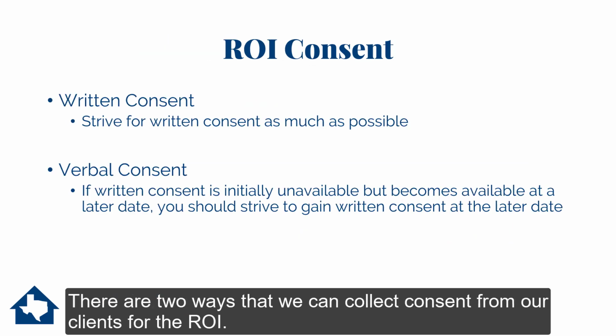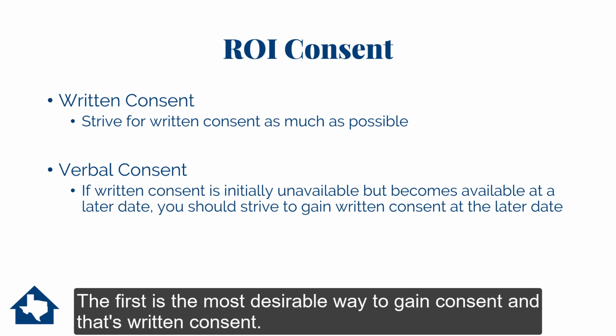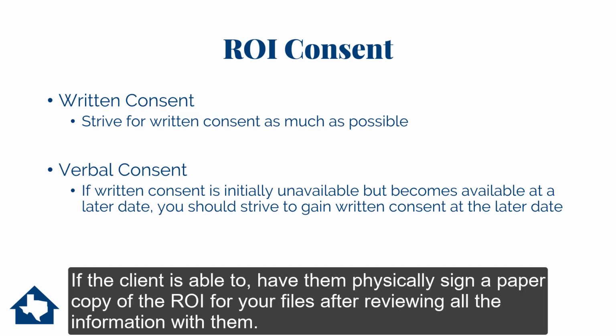There are two ways that we can collect consent from our clients for the ROI. The first is the most desirable way to gain consent, and that's written consent. If the client is able to, have them physically sign a paper copy of the ROI for your files after reviewing all of the information with them.